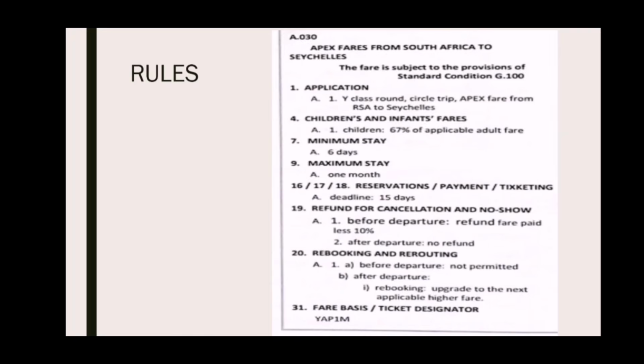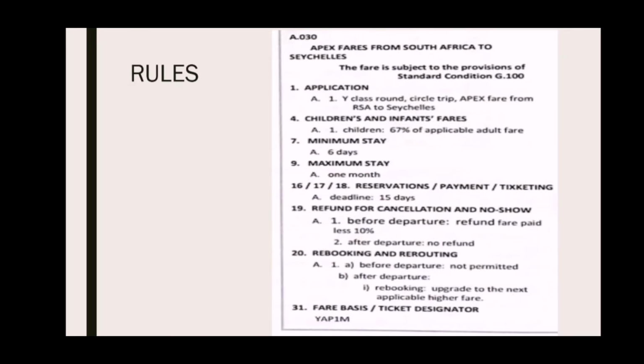For children, you are able to discount them and they will be paying 67% of the adult fare. The minimum stay is 6 days, meaning your client should be staying at least 6 days in the Seychelles. And then the maximum stay is 1 month, meaning when you use this ticket, the maximum amount of time you can spend in that country is 1 month.